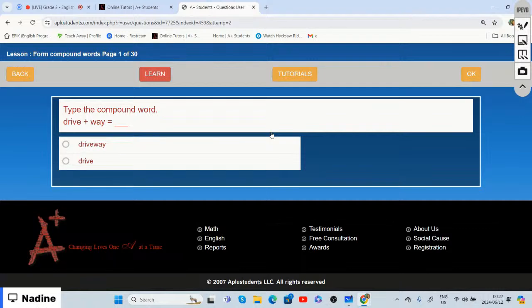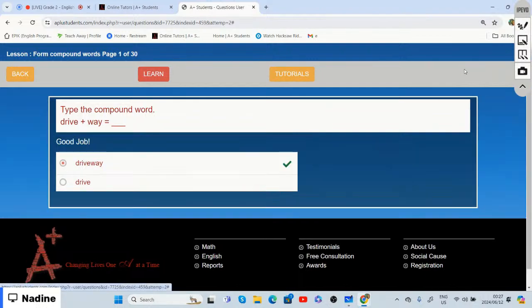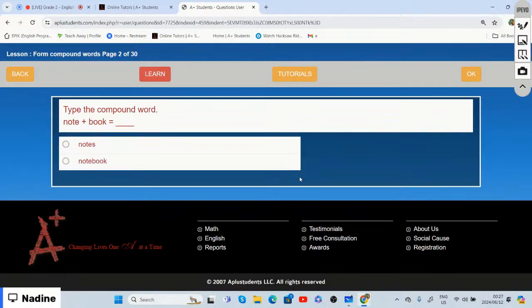All right, and if we were to select our correct compound word, yes, we would say it is driveway. So well done. Driveway is correct. Yes, option one is correct.